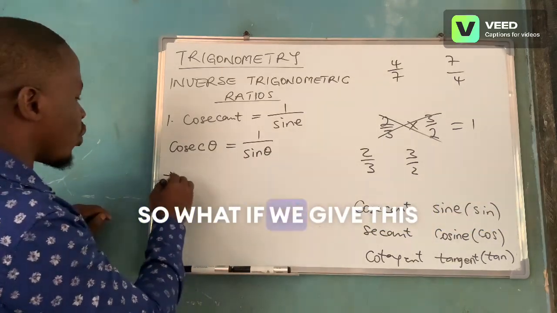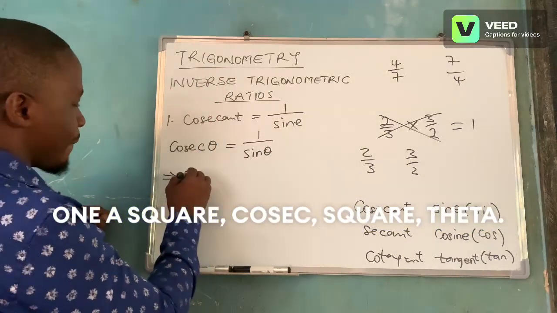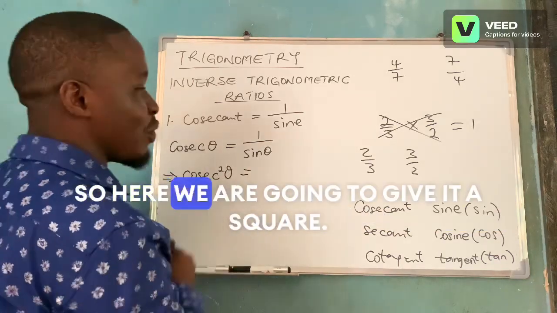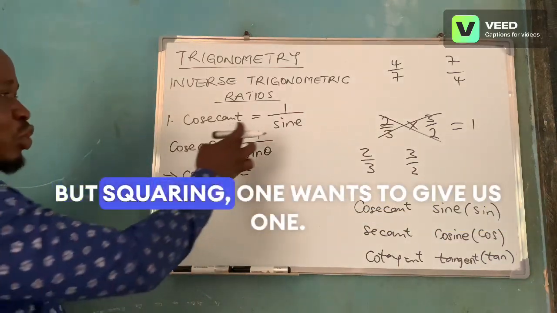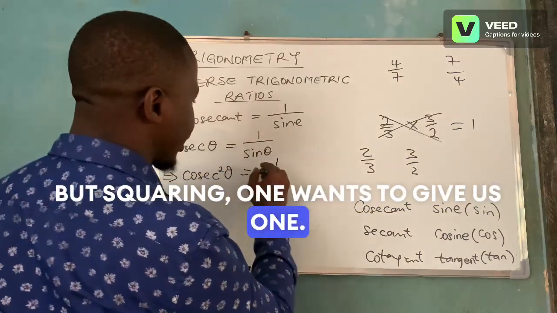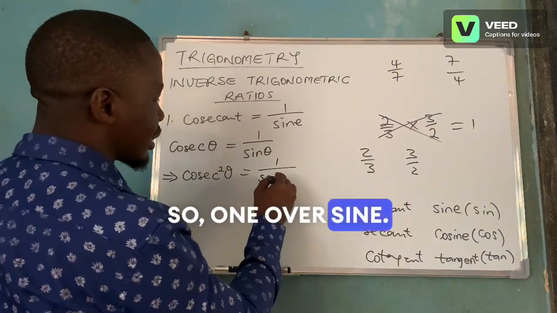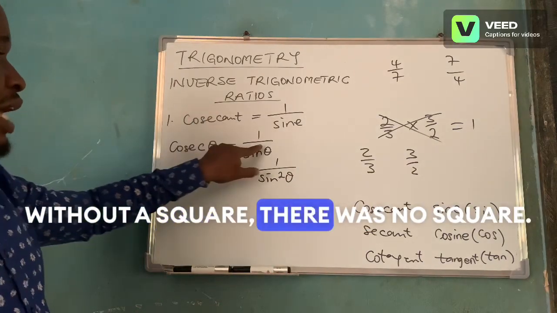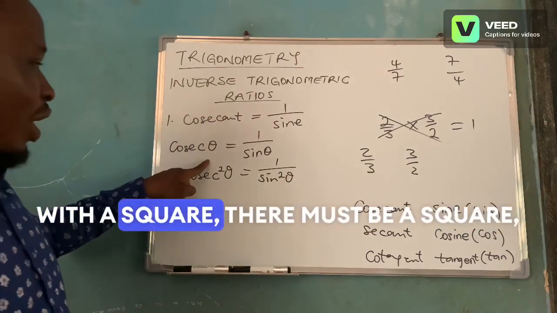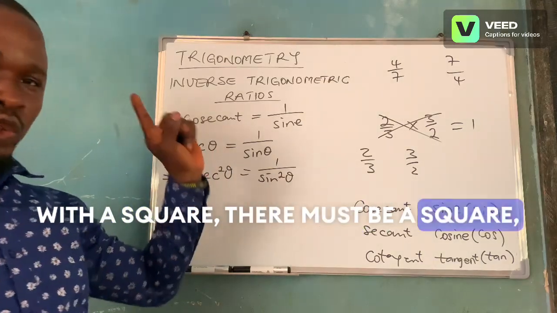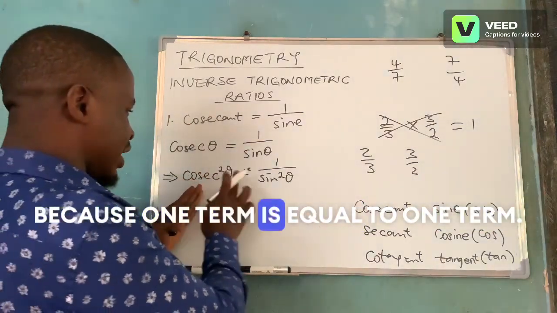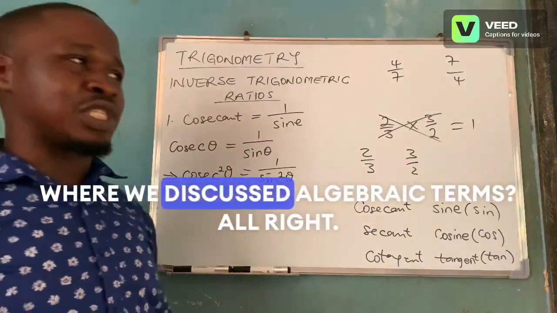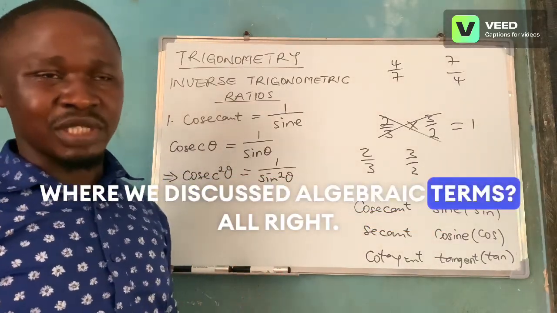So what if we give this one a square? Cosec square theta. Here again we are going to give it a square. But squaring 1 will also give us 1. So 1 over sine square theta. Without a square, there must be no square. With a square, there must be a square, because one term is equal to one term. Remember one of our videos where we discussed algebraic terms.